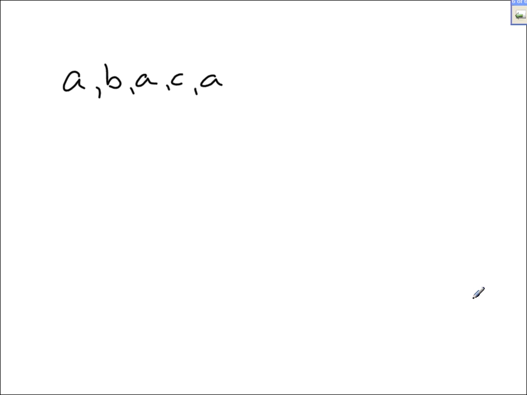The question is, how many ways can you write down 5-letter words? And no, you can't say, well, that isn't a word. This is our own vocabulary.